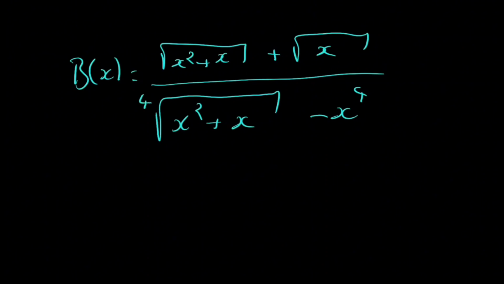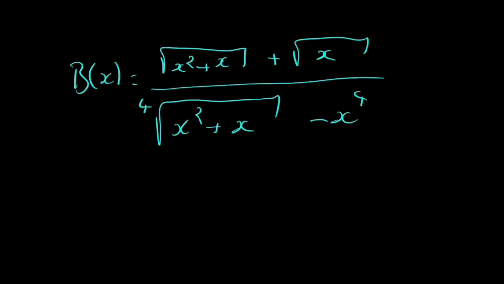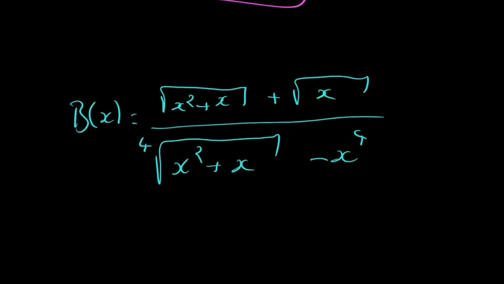Now we can easily see that as x tends to plus infinity, which is the limit we are trying to find, we will have x to the fourth power, which will be the most powerful term in the expression.